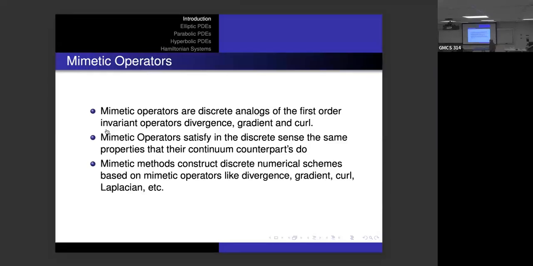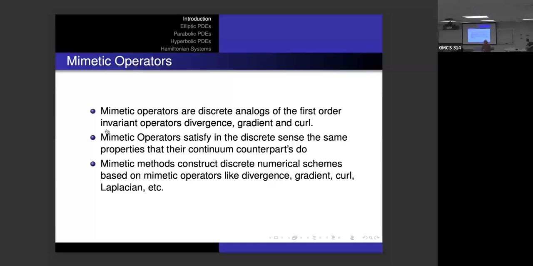The philosophy of the mimetic method is that, instead of taking the PDE and approximating the derivatives by something in finite difference, or, if you use finite elements, assuming the solution can be written as a linear combination of some functions, and then using that to discretize the PDE and at the end solving a system of linear or nonlinear equations, depending on the character of the PDE, in this case, we don't.